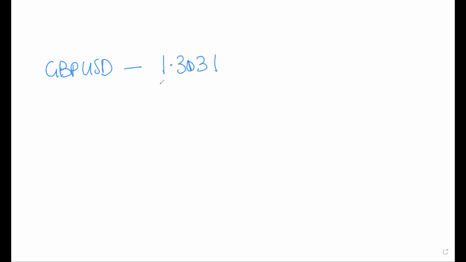Now, if GBP USD makes a 2 pip move to the upside, what will be the new value? I need the responses. If GBP USD makes a 2 pip move from this current value to the upside, what will be the new value?